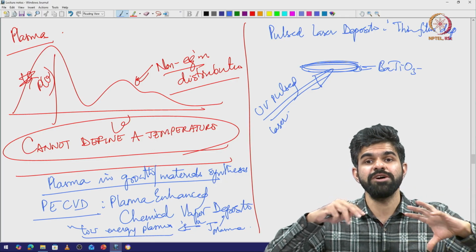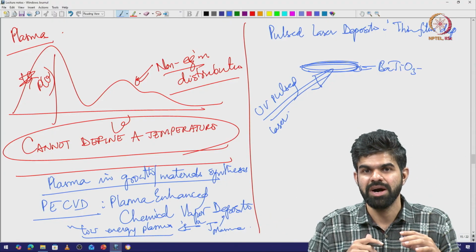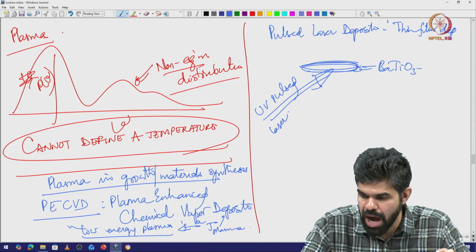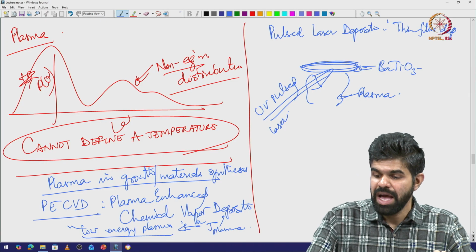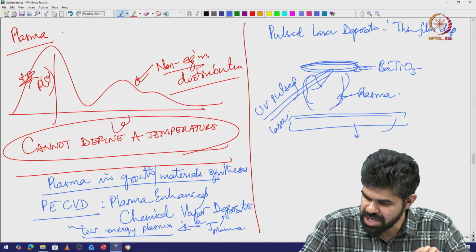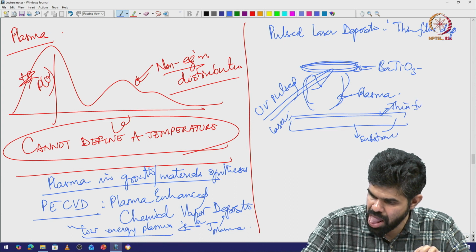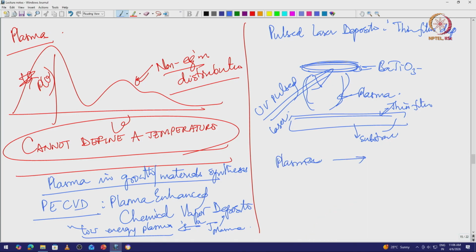In fact it is not just evaporation, it is creating a plasma state: evaporation plus a lot of electrons and so a lot of charged particles, that creates a plasma. This plasma is going to deposit on your substrate, and I want to grow a thin film on my substrate. So the reaction on the substrate is plasma giving rise to a solid, plasma phase to a solid phase, a solid thin film.